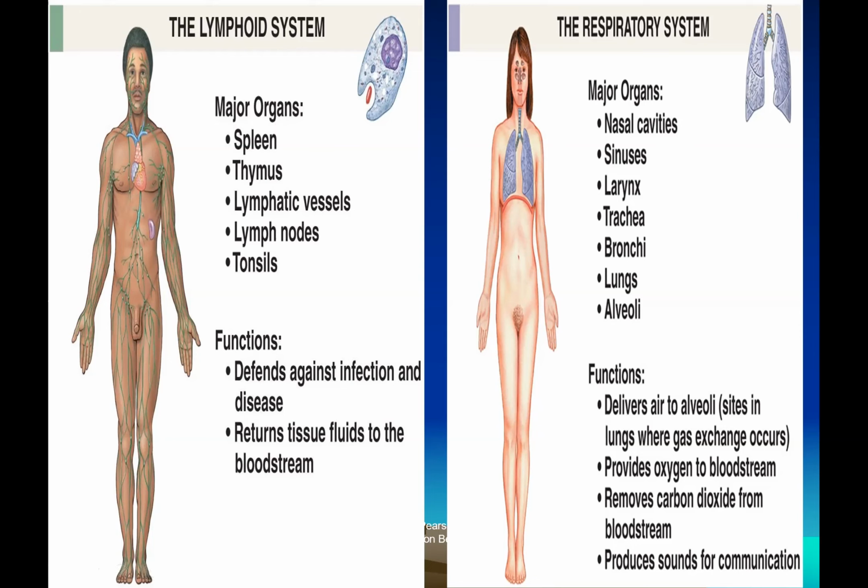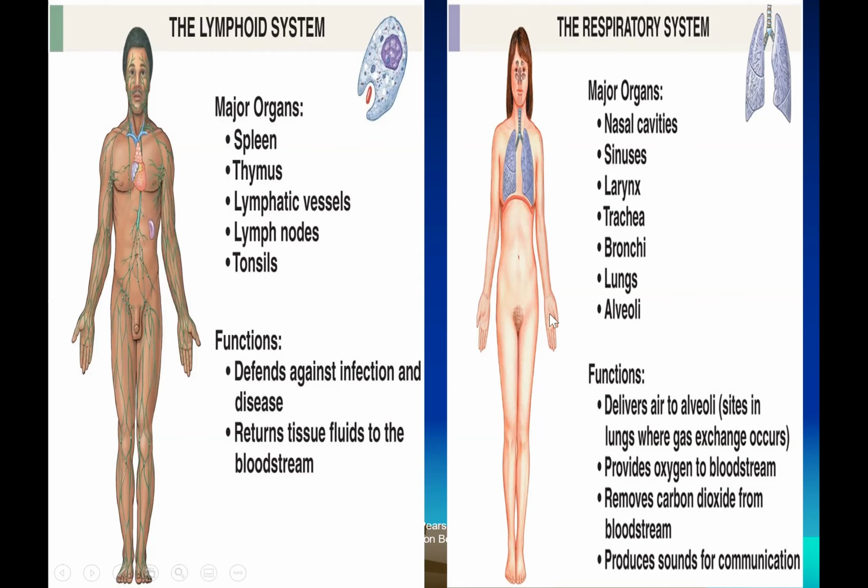The respiratory system includes the nasal cavities, the sinuses, your larynx or your voice box, your trachea, your bronchi, lungs, and alveoli. So this is where the gas exchange happens. So the main function of the respiratory system is to absorb oxygen in the lungs, and then the blood will carry the oxygen to every cell in your body.